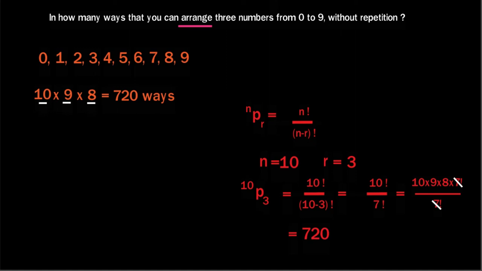So let's move on to one more very interesting example. How about if we have repeated characters, how many ways can we arrange? As we always ask ourselves whether this is a permutations or combination question by looking at the keywords here, arrange.